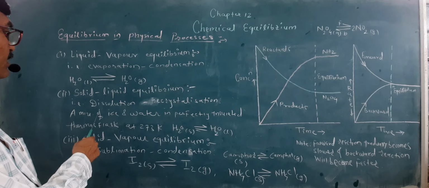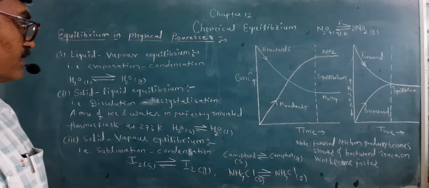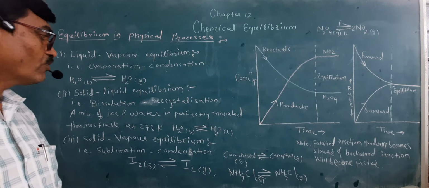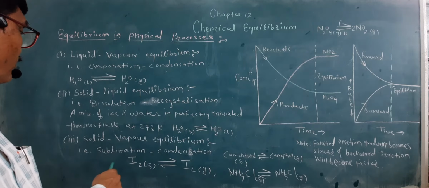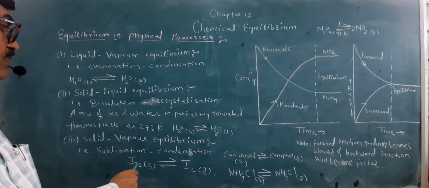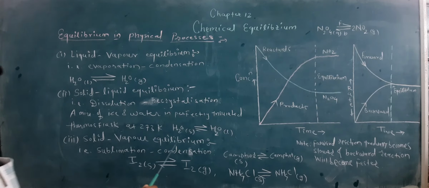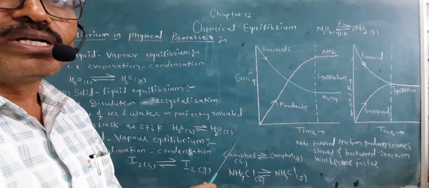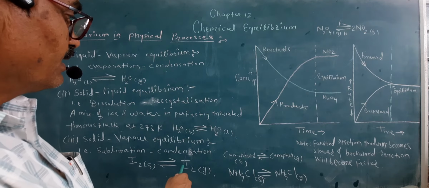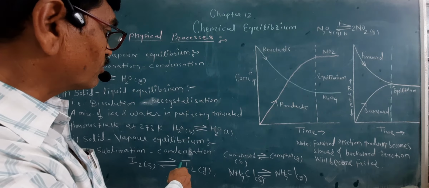Then the another type of physical equilibrium is solid liquid equilibrium. In this case, a mixture of ice, that is solid water, is kept in a perfectly insulated thermos flask at 273 Kelvin, that is 0 degree centigrade. What happens is that ice gets converted into liquid, and liquid gets converted again into the solid form.